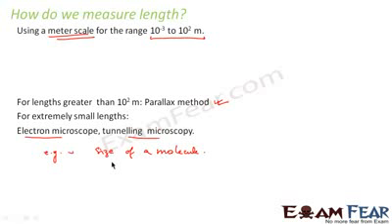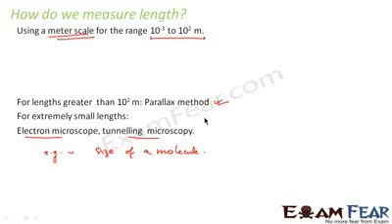Even the normal microscopes which we use don't have that much resolution. So for such small lengths, we generally use special microscopes, that is the electron microscopes or sometimes the tunneling microscopes. So these are the methods which we use to measure lengths of different ranges.